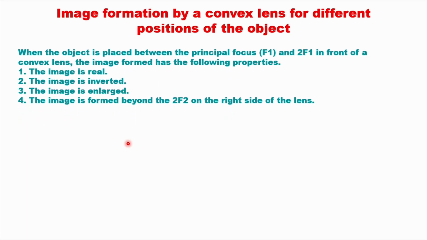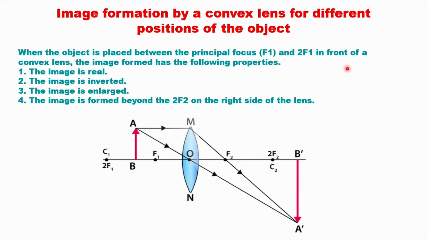Next, move to the next position. When the object is placed between principal focus f1 and 2f1 in front of a convex lens. Observe the diagram. The object is positioned between C1 and F1. The image is formed behind 2F2 or behind C2 on the right side of the lens.